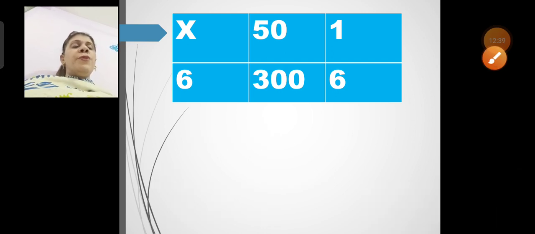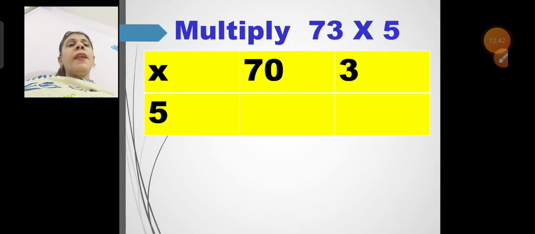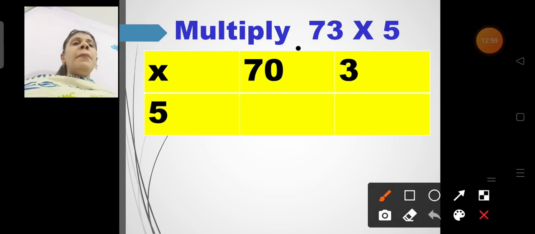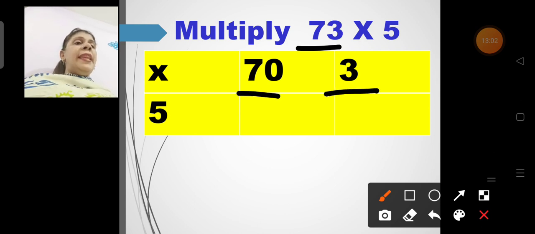Okay. Let us move to the next sum. Now multiply 73 by 5. Now what did the teacher tell you is the first step? You have to make 3 rows and 3 columns. In the first column you will write the multiplication sign. In the second column you are going to split the number 73. You will write 70 and 3.